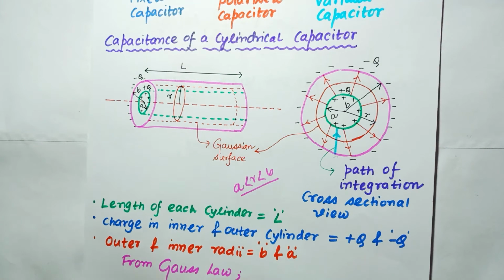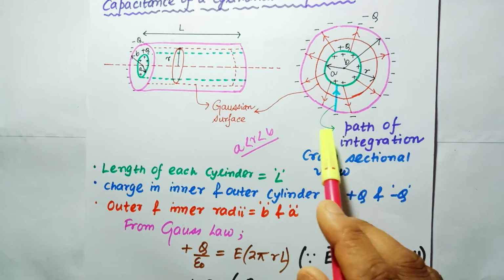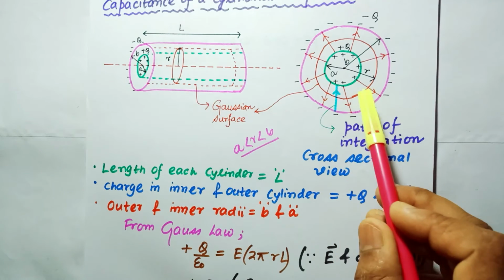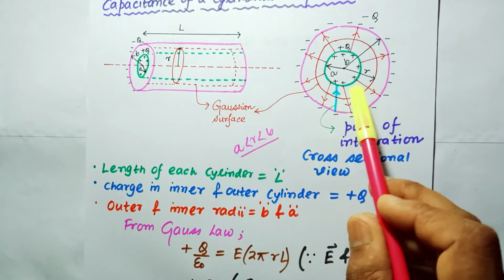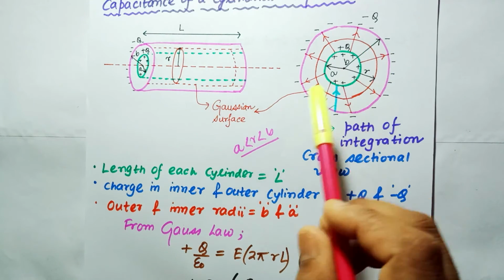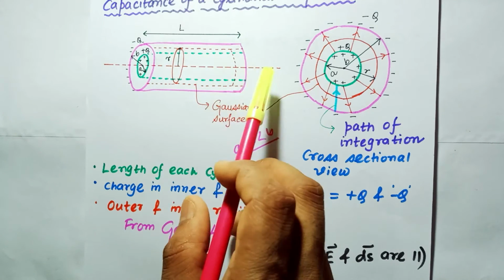Now the outer and inner radii, as I have told, are B and a. You can also see from the figure the direction of the electric lines of force. It is coming outward from the smaller cylinder to the bigger one. And I choose the Gaussian surface in between the radii a and B. Of the same length, I will choose the Gaussian cylinder of length L.